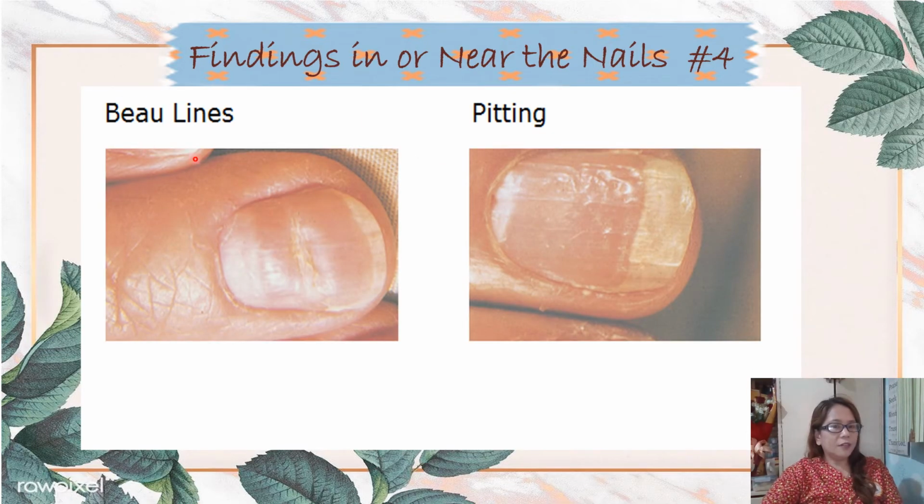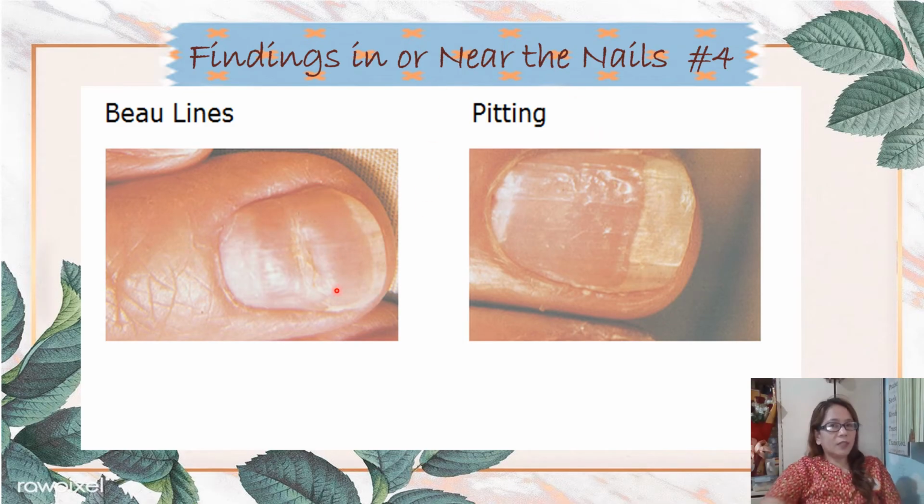Okay, we have another example of abnormal finding, the Mees lines, that occur when the nail growth is interrupted at the nail matrix. Okay, the nail matrix, this is the place where your nail emerges from your finger. So usually the cause of Mees lines is injury or could be severe illness.